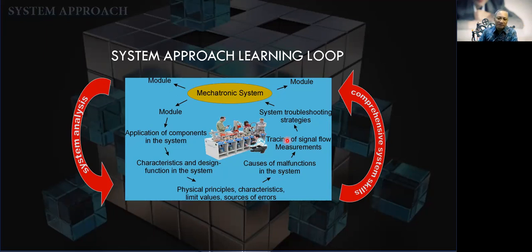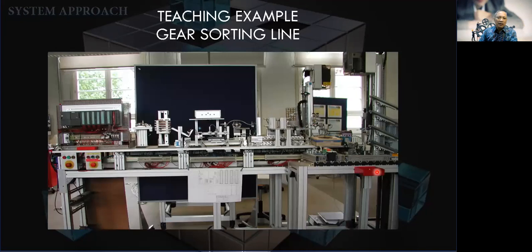Okay, let me just continue. This is just one example of the system approach. This is a gear sorting line. We're not going to discuss this in detail, I just want to show you. When we see this, the first question that we want to ask as a system approach is, what does this do?